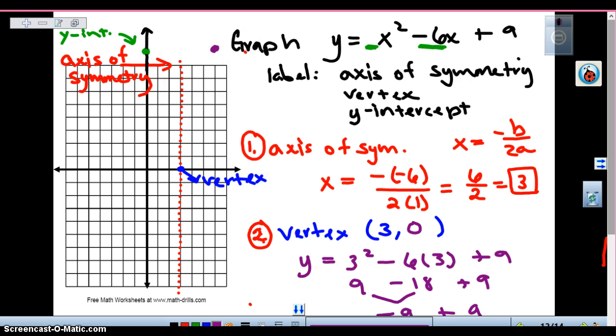Do we have enough points to draw our parabola? And we finish graphing. Why do I draw arrows at the end of the parabola? Those arrows mean that the parabola keeps on going in both directions.